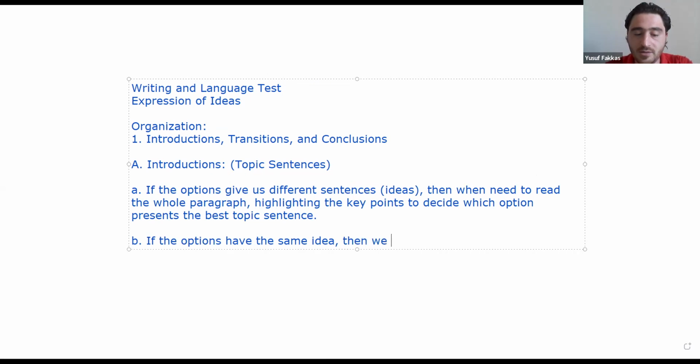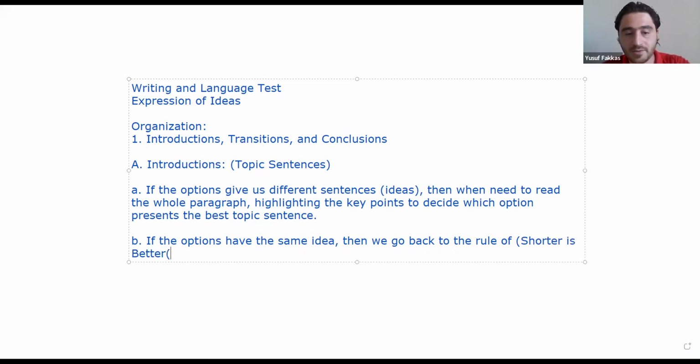Then we go back to what? To the rule of, if I have options that all basically have the same meaning, what was the rule for that? Shorter is better. Yes, exactly. Thank you. Shorter is better.